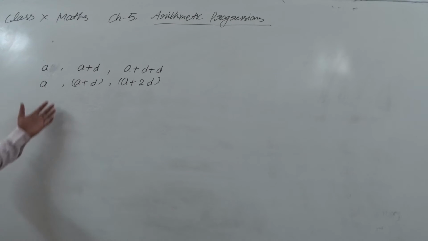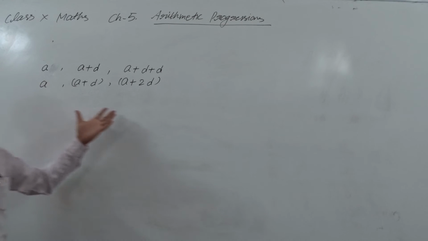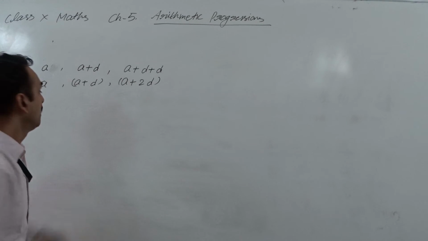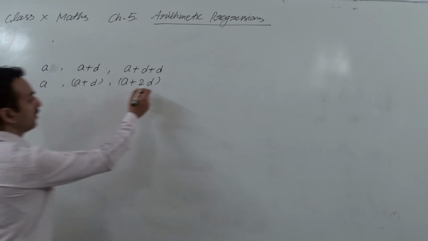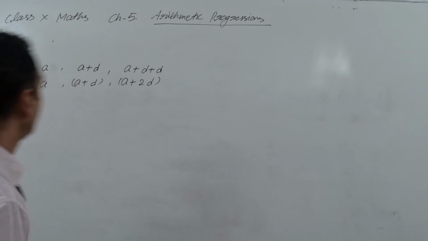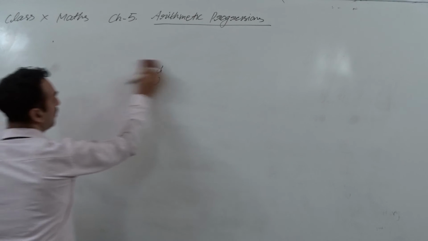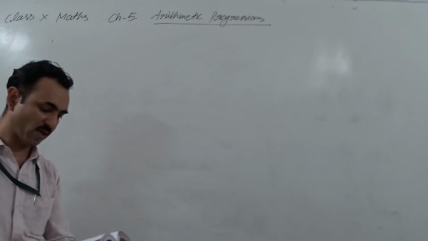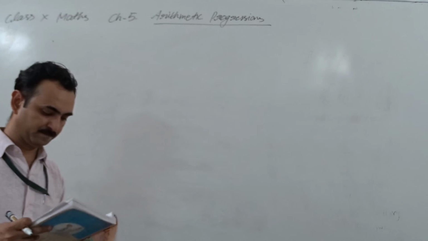So whenever you write the terms in the form of A and D, you can write A, A plus D, A plus 2D. This is a common method to write the AP in the form of variables A and D. Now let's take some examples, questions from the exercise.